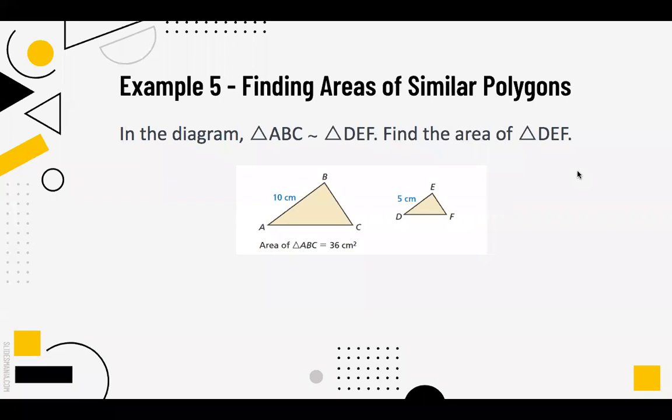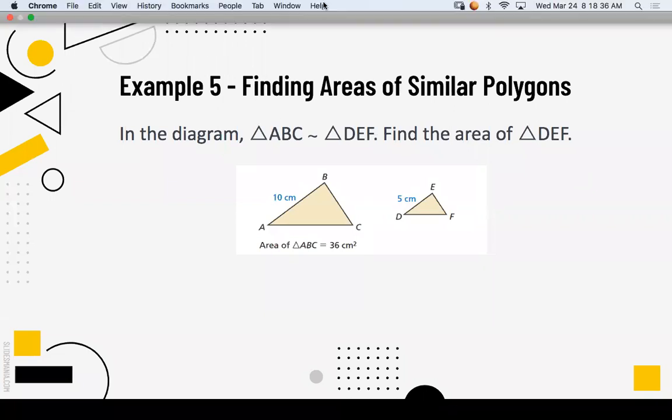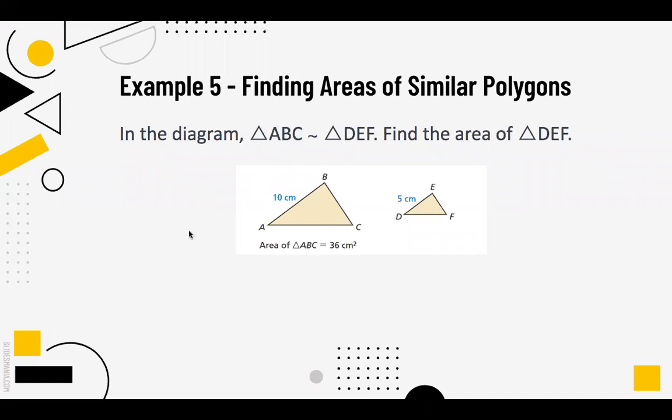Okay. So in this particular case, I have AB and DE that I know are similar. I'm going to look at AB, and it is similar to DE.